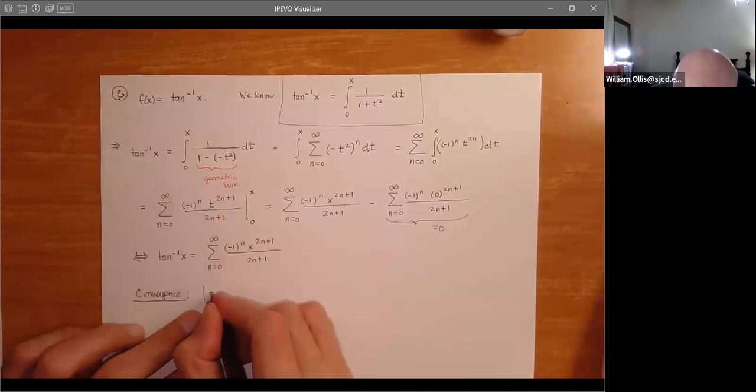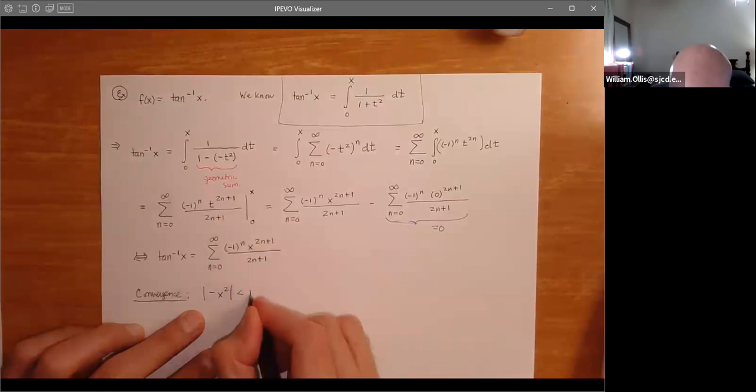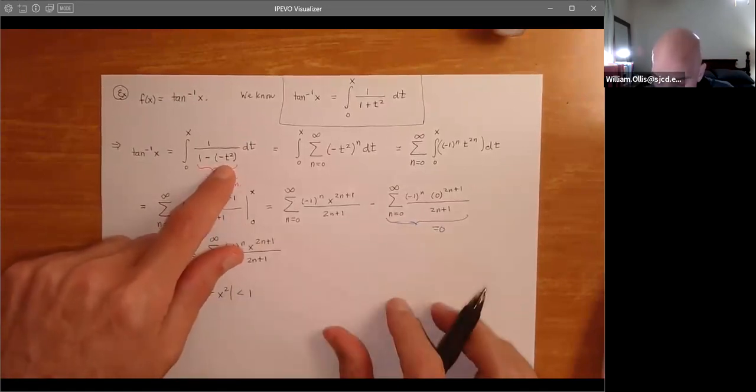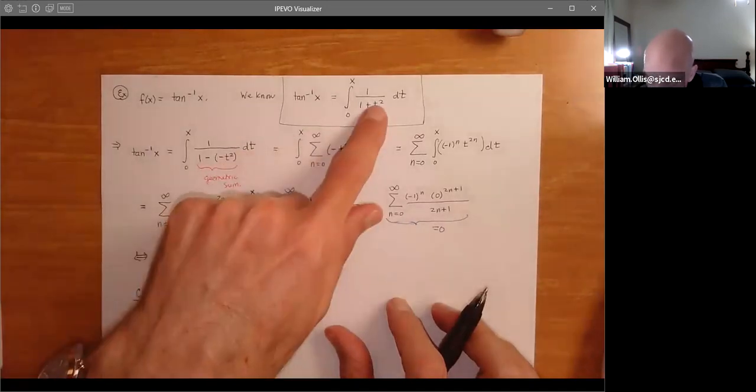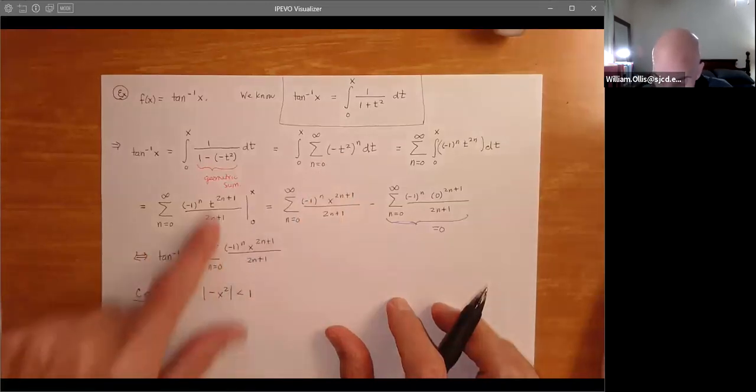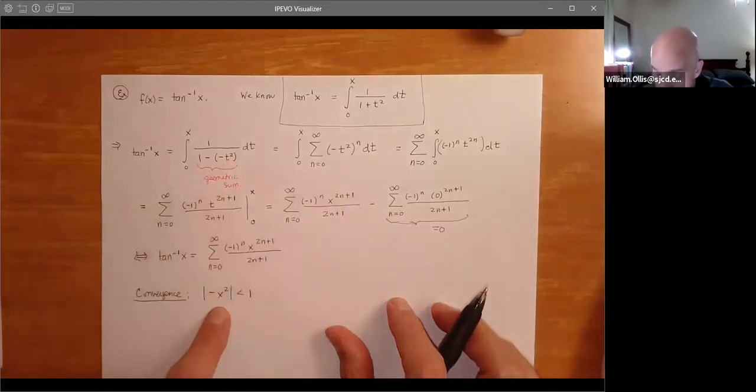So we have negative x squared less than 1. That was the new x, even though it's written in terms of t because of the indefinite integral. And that's what we use to write the geometric series. So go ahead and say you can do negative t squared or negative x squared. Go ahead and write it as x squared if you like.